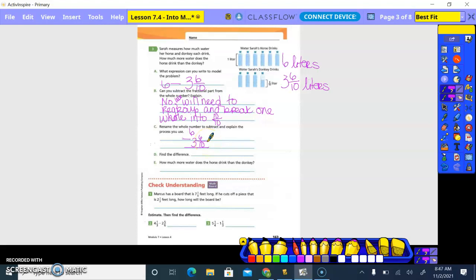So we said that the 6 was going to have to become what? So 5 and 10 tenths, okay, minus 3 and 6 tenths. So what is 10 tenths minus 6 tenths? 4 tenths. And then 5 minus 3 is 2.